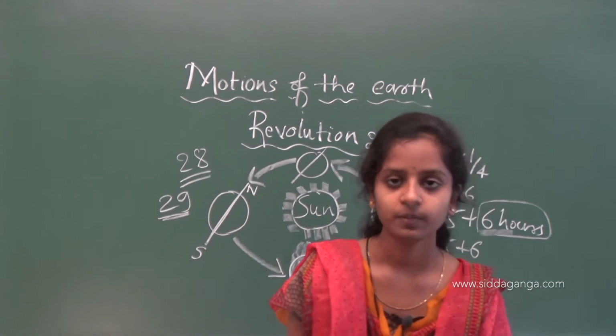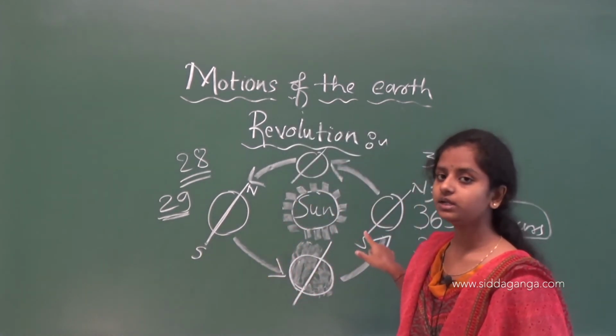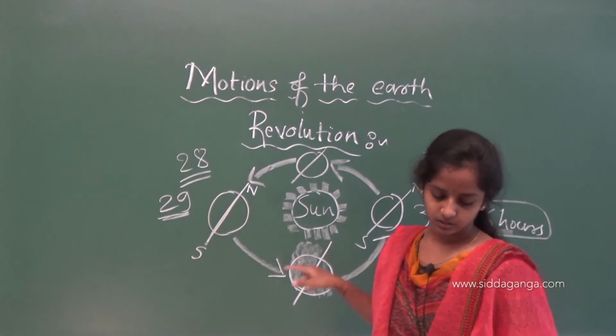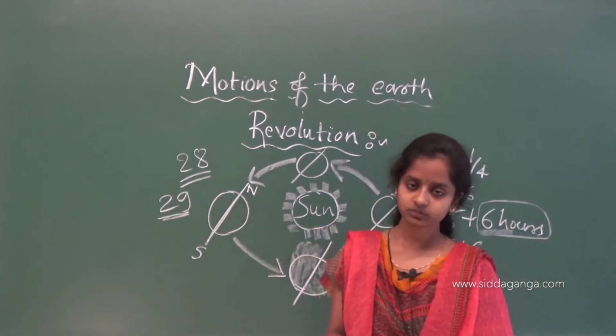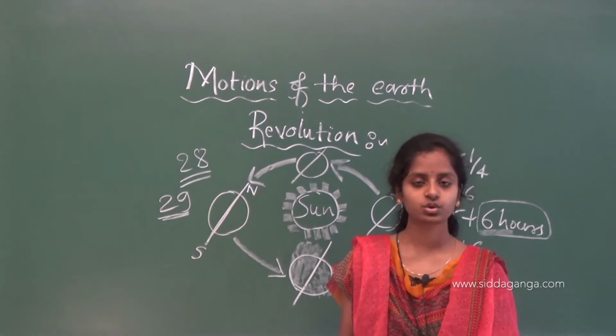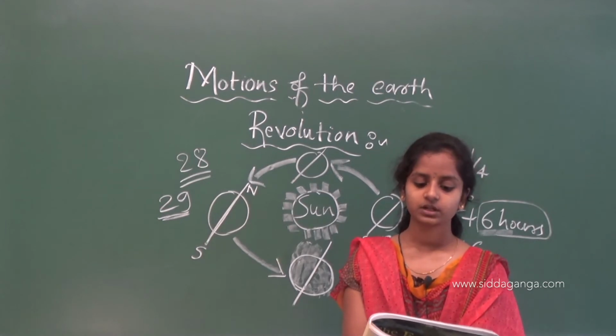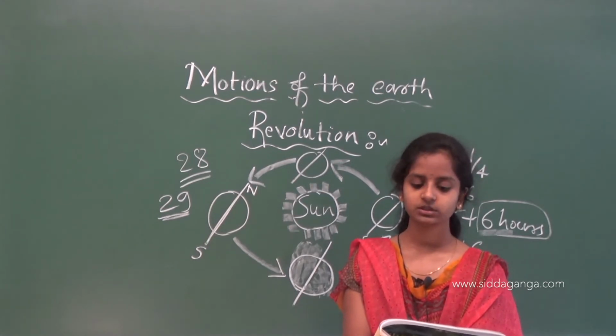Okay. So earth moves around the sun in an elliptical orbit, and it takes 365 days and 6 hours to complete one revolution. Now look at the picture 3.3.